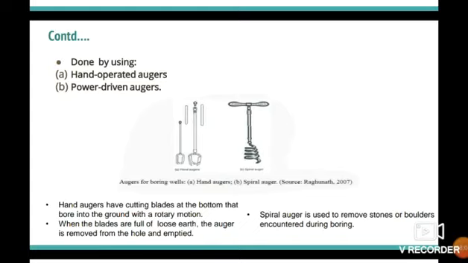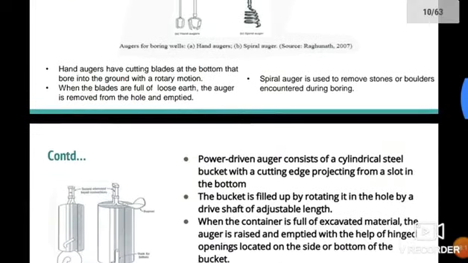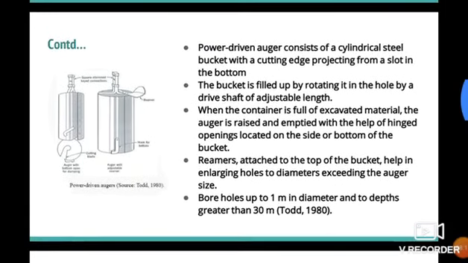So we can do boring by hand operated augers, or by using power driven augers. Power driven augers are just like our core cutter. A cylinder will be there. The bottom of the cylinder will have a sharp edge, and the cylinder will be operated by some external force, such as an engine. We will insert the cylinder into the soil, and the soil will get filled in the cylinder.